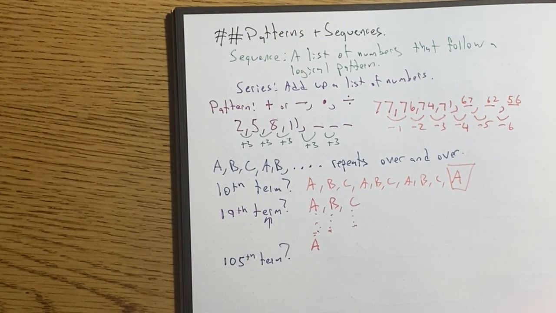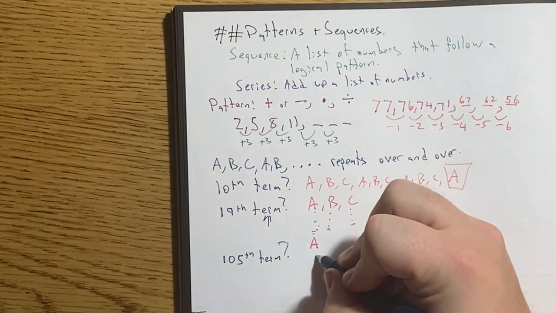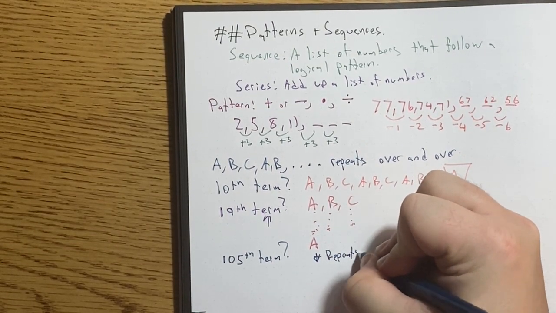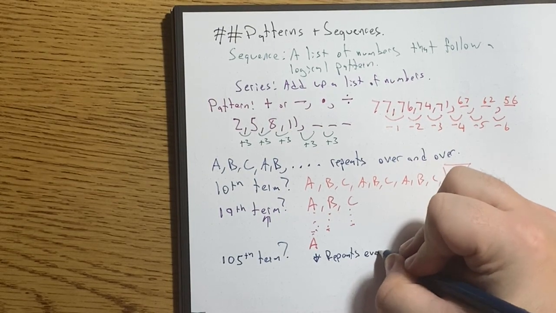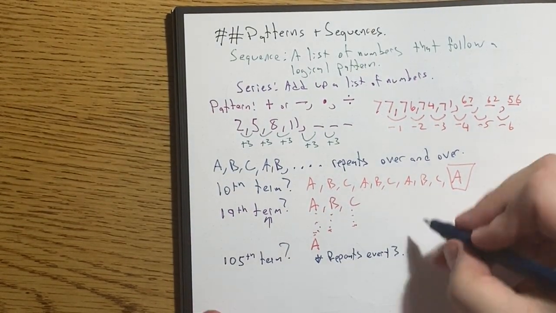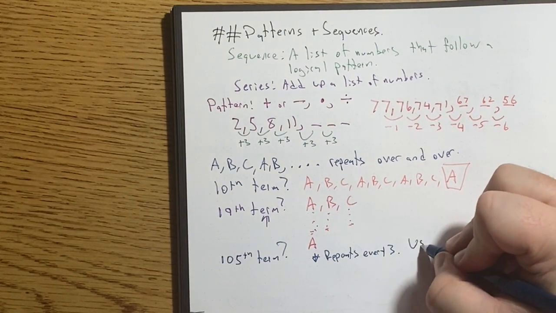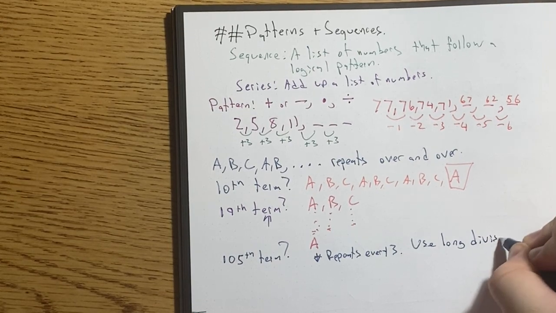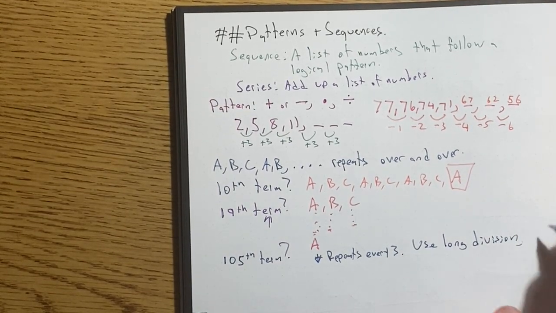That would take forever. Remember, it repeats every 3. The easiest way is to use long division, and find the remainder.